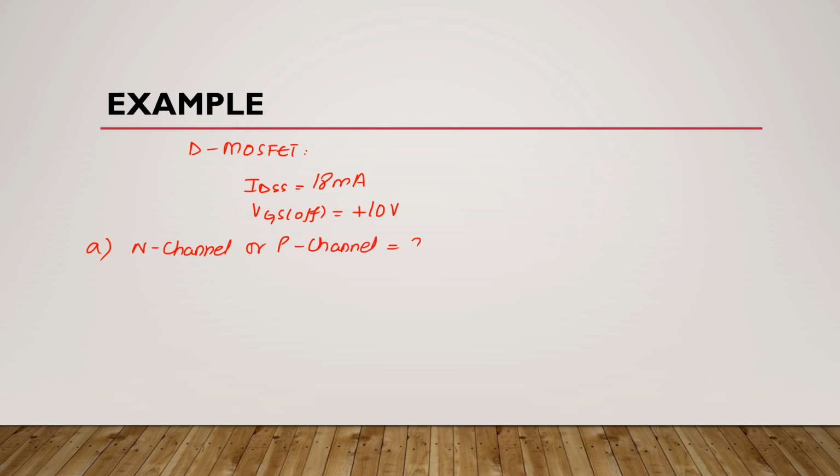Now if we draw its transfer characteristic curve, it would be like this. Here we have 10 volts and here we have 18 milliamperes. Okay, it means here this cutoff voltage is positive, so it is a P channel D MOSFET.